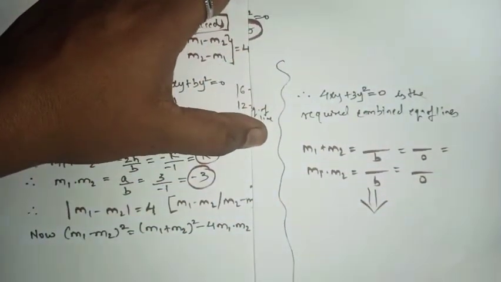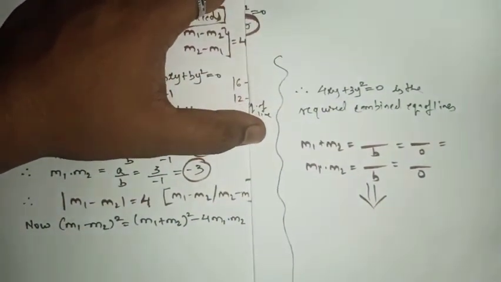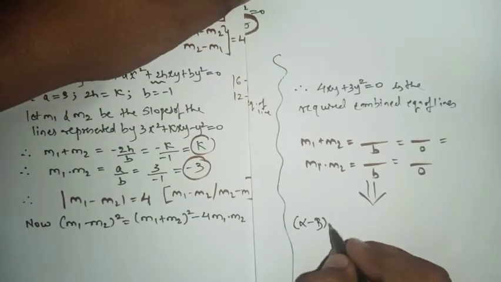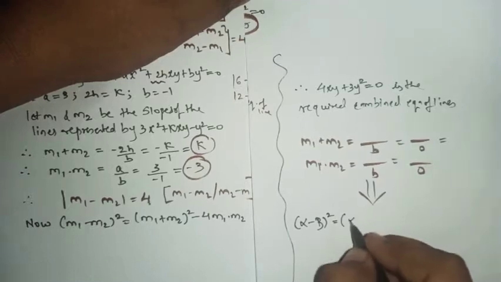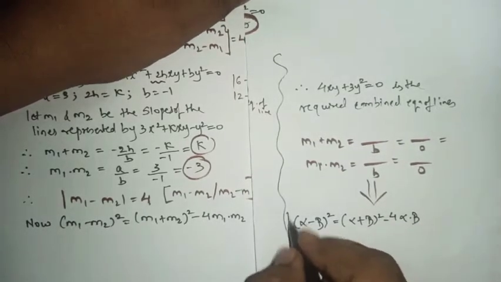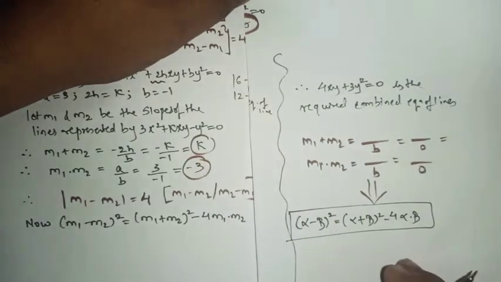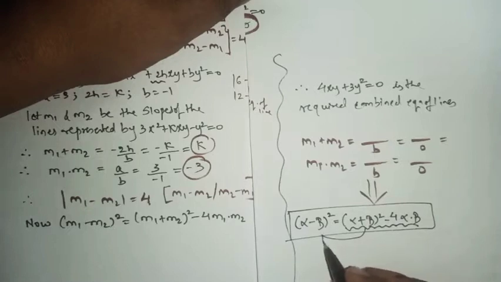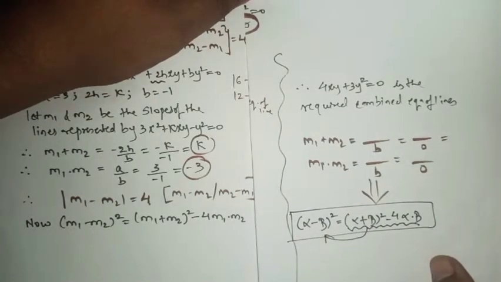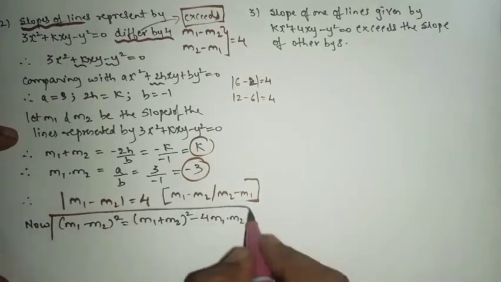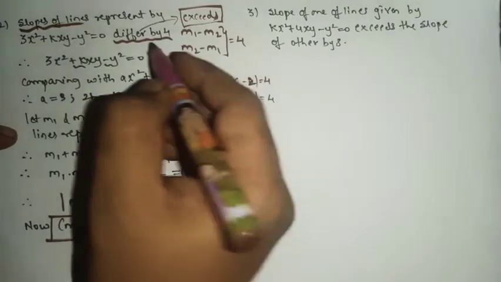Now I will replace m1, m2 by alpha and beta: (alpha - beta)² = (alpha + beta)² - 4 alpha beta. Identity formula. When you expand the right hand side, you will get the same answer, (alpha - beta)². So you have to remember this formula whenever the word differ comes.